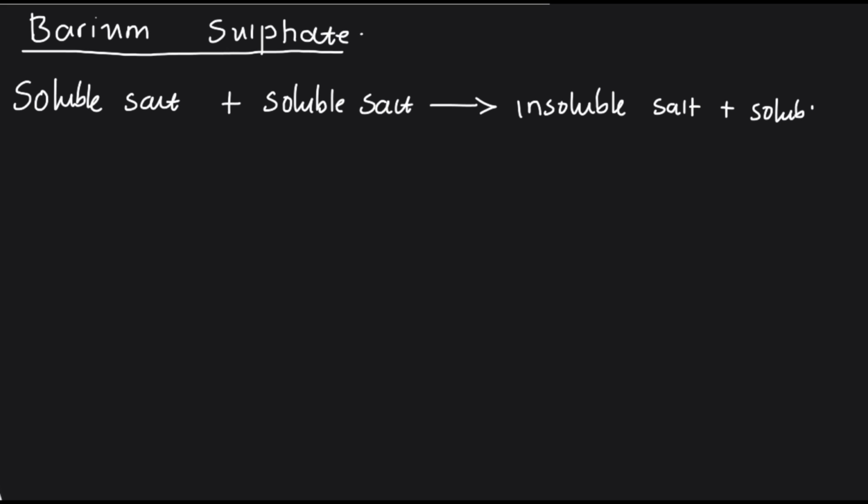Okay, so we have this in mind. If we have this in mind, what insoluble salt are we preparing here? It's barium sulfate. So let me write the barium sulfate here.